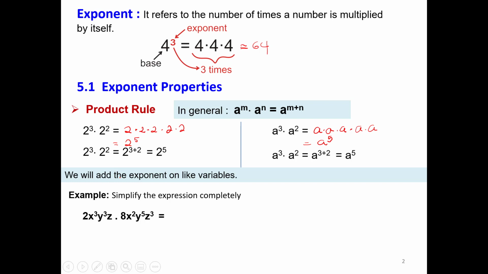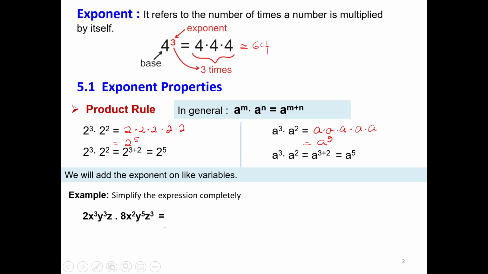We add the exponents only on like variables, meaning only if the base is the same. And we can apply this rule whether the exponents are positive or negative. The important thing is the base must be the same.